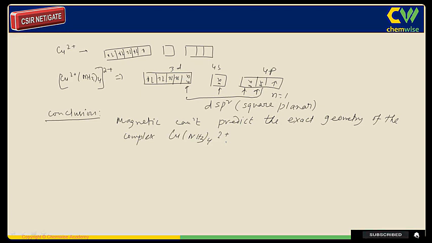So now what is the exact geometry? And what does physical measurement show? Physical measurement shows that [Cu(NH3)4]2+ is not a tetrahedral geometry.